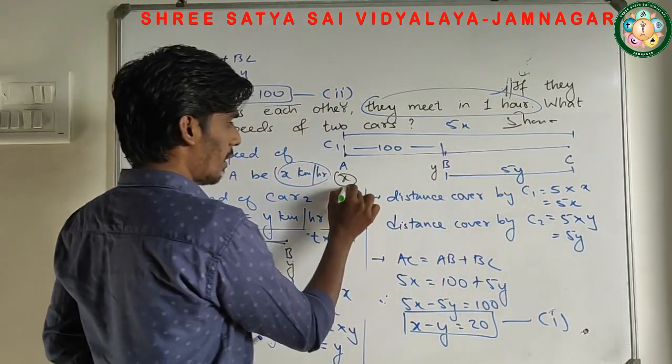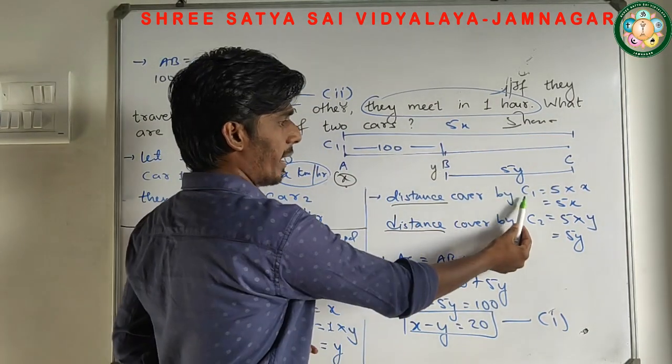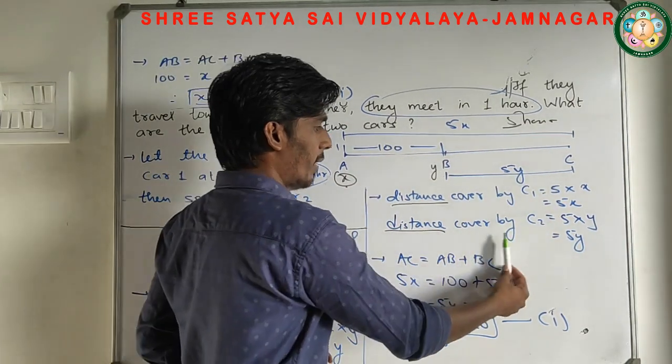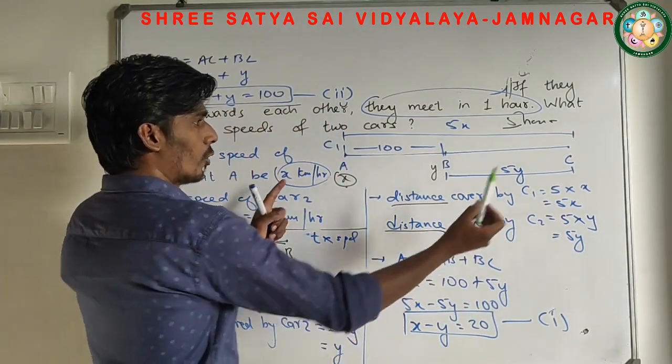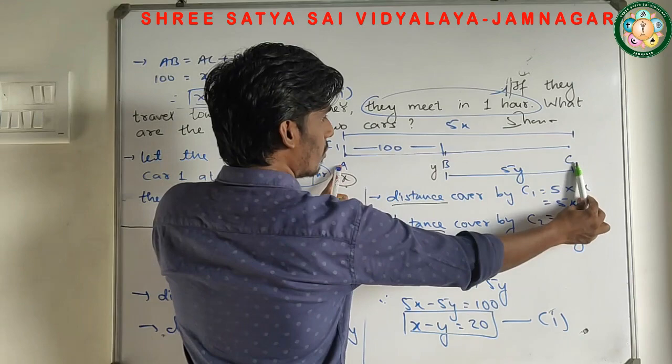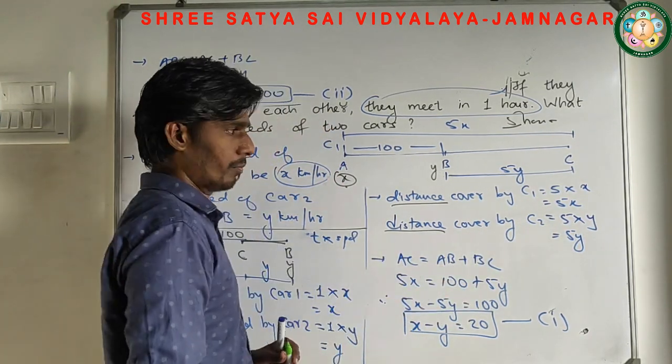So from time and speed, it is possible to find distance. So distance covered by car 1 is 5x, distance covered by car 2 is 5y. So the total distance from A to C is AC equals AB plus BC.